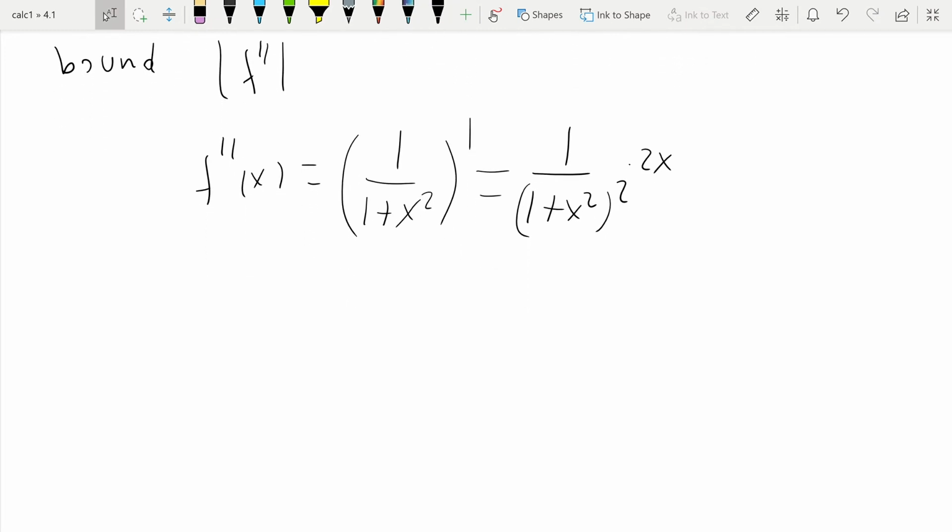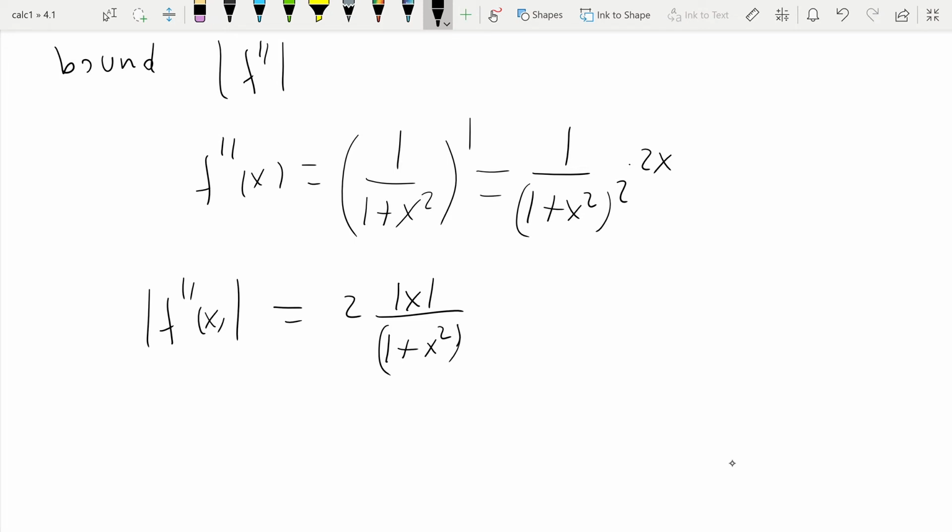So the absolute value of f double prime of x is equal to 2 times the absolute value of x divided by 1 plus x squared, squared. The absolute value of the square is just itself, because it's a positive number.